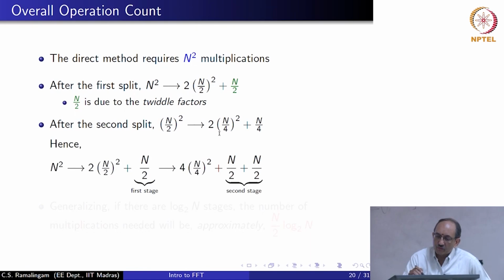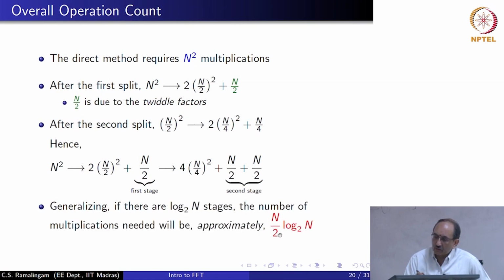So, for the second split, this is the operation count, and hence starting from n squared, this was what this factor was for the first stage. For the second stage you have this, and if you keep going you will find that if there are log n to the base 2 stages, the number of multiplications needed will approximately be n by 2 log n to the base 2.